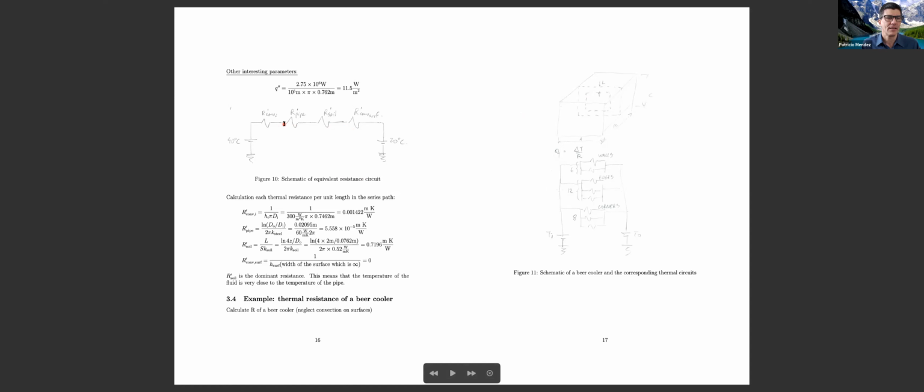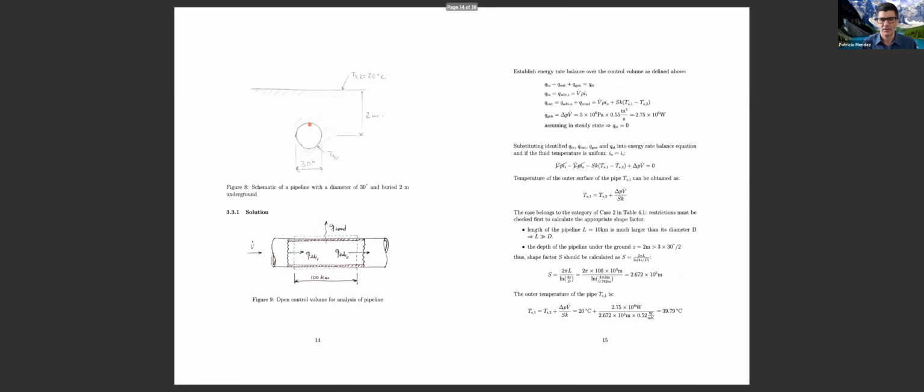Imagine the resistance of the pipe is comparable to the resistance of the soil, right? So how can we explain this? Okay, let's try to do it the best possible way.